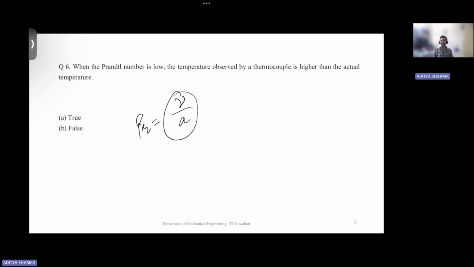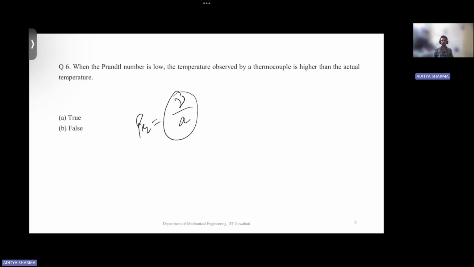If your Prandtl number is low, what does it suggest? It suggests basically that your thermal dissipativity, which is in the denominator, is going to be high. Now if dissipation is high, will your thermocouple give a higher than actual value or lower than actual value?